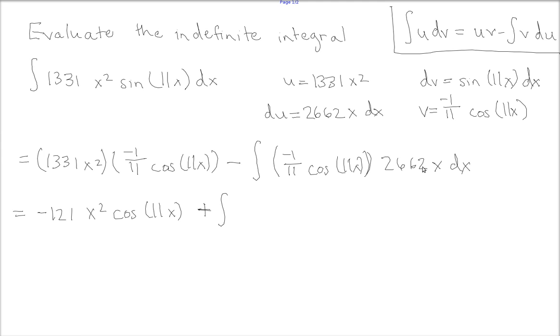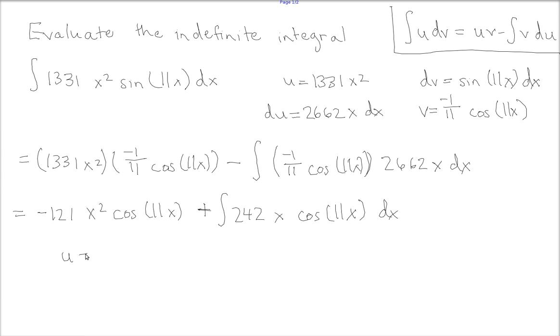And 2662 divided by 11 is 242. I've got an x and cosine of 11x dx. Now in my integral, I still have an x and a cosine, so I'm going to have to use parts one more time here.